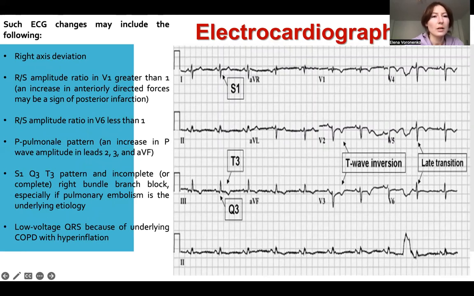Such ECG changes may include the following: right axis deviation, RS amplitude ratio in V1 greater than 1, RS amplitude ratio in V6 less than 1, P pulmonale pattern, S1 Q3 T3 pattern, and incomplete right bundle branch block, especially if pulmonary embolism is the underlying etiology.